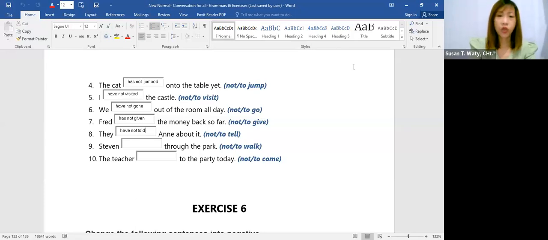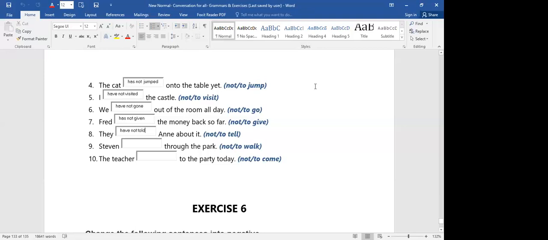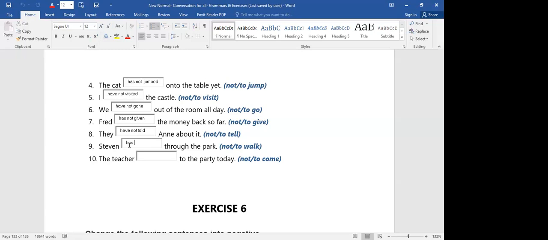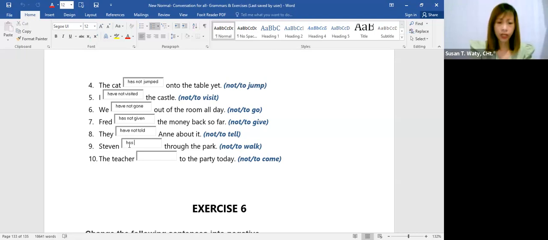Number 9. Stephen blah blah blah through the park. Jane, please. Stephen has not walked through the park. Okay, hold on, let me make sure. I think it's the regular. Give me one moment to make sure.